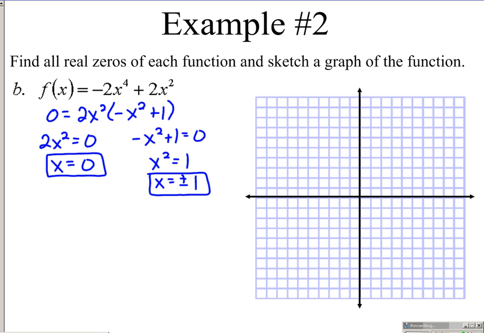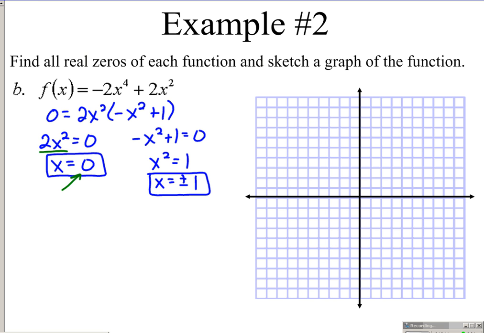In this case, how many solutions do we expect to get from this factor that is degree 2? We expect to get 2. We only get 1. Anytime an even powered factor produces less solutions than it should, then we are going to have what is called a double root, meaning that it is going to correspond to a touch point when we look at the graph. And we'll show that here in a second.